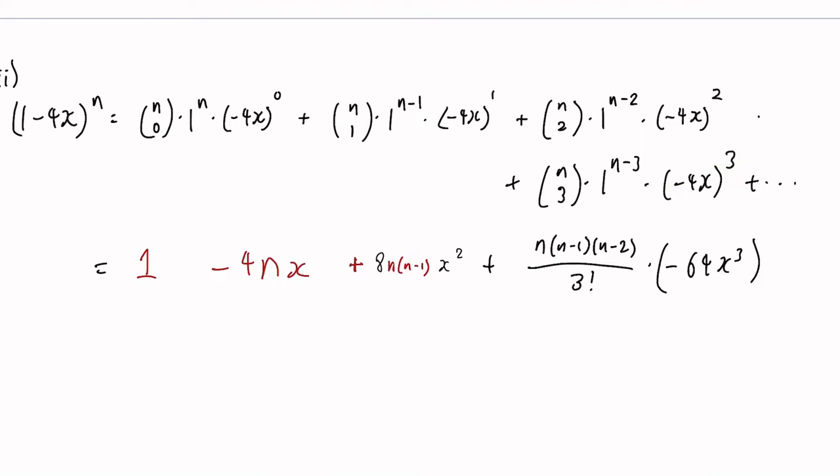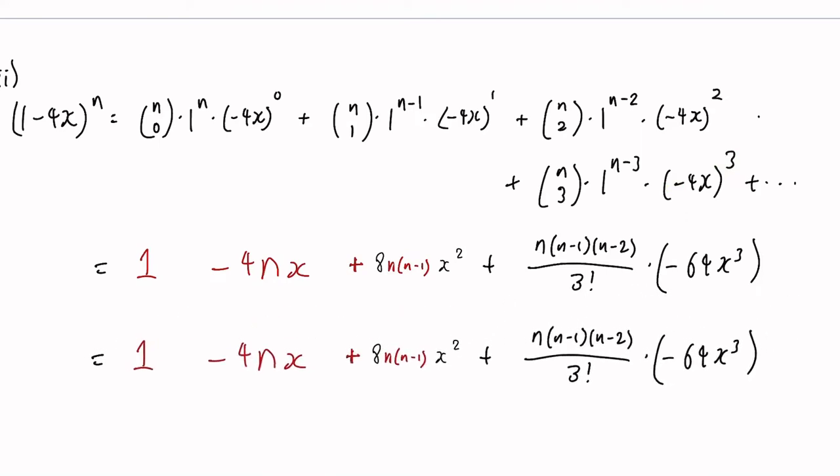Let's simplify this a bit. So I'll put a minus sign here. 64 over 3 factorial, which is 64 divided by 6, is 32 over 3. So I'm just going to write down 32 in front and 3 below. Is that okay? Plus dot dot dot.